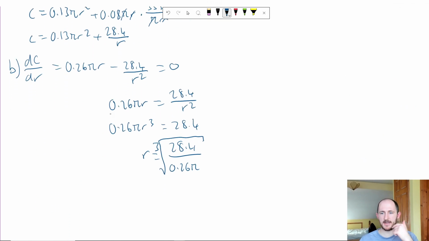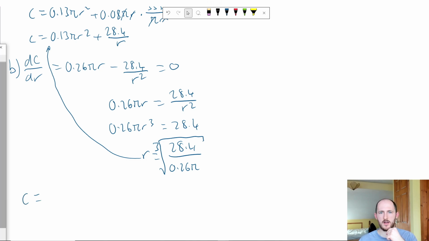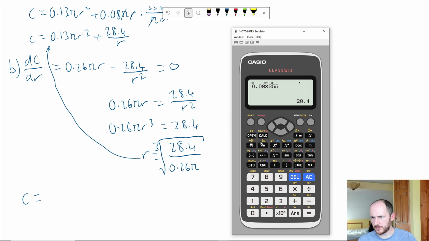So we're going to sub that back into our original equation back up here. So again, using the good old-fashioned answer button, we can work out our value. So cube root, which is that button, of 28.4 over 0.26 pi gives me that.